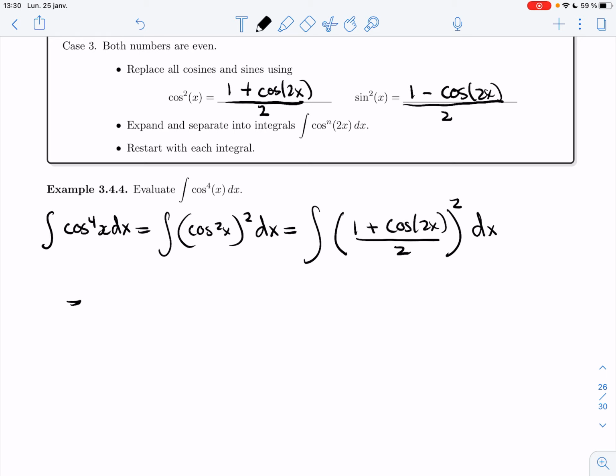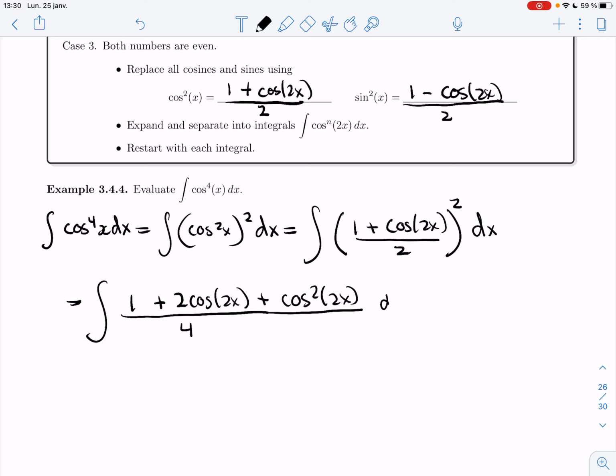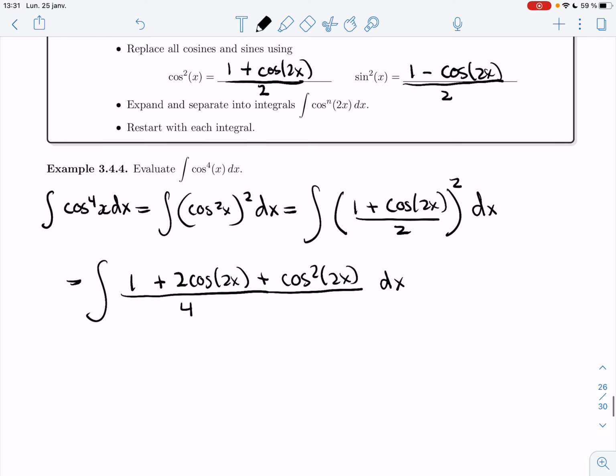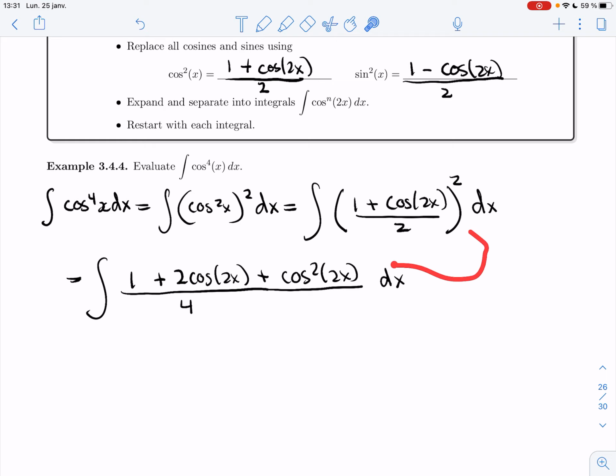So I'm going to expand, I'm going to get 1/4 times (1 plus 2 cos 2x plus cos squared of 2x). Don't be afraid of taking a bit more time here if you need to. It's not a race. If you're not great at expanding, at foiling, just go at it slowly.